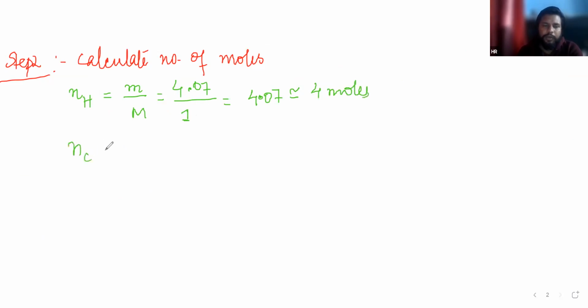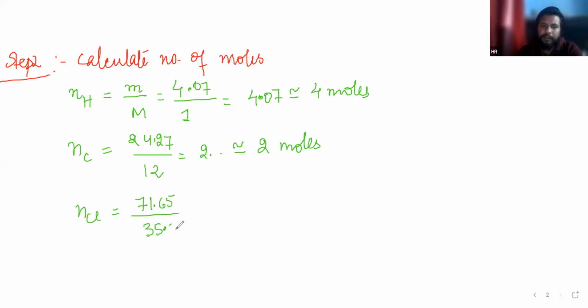Now, number of moles of carbon: given mass 24.27 divided by molar mass of carbon 12, which is 2 point something, approximately 2 moles. Now, number of moles of chlorine equals given mass 71.65 upon molar mass 35.5, which is approximately 2 moles.